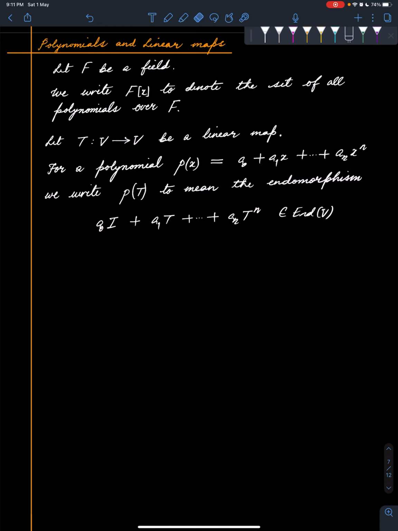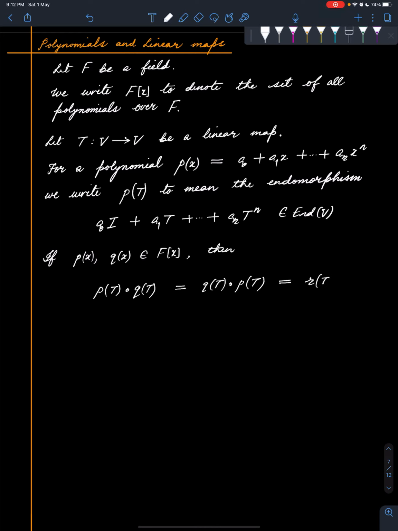There is nothing very deep going on, but a few things we can note is that if p(x) and q(x) are polynomials, then p(T) composed with q(T) is equal to q(T) composed with p(T), which is nothing but r(T), where r(x) is the product of p(x) and q(x).